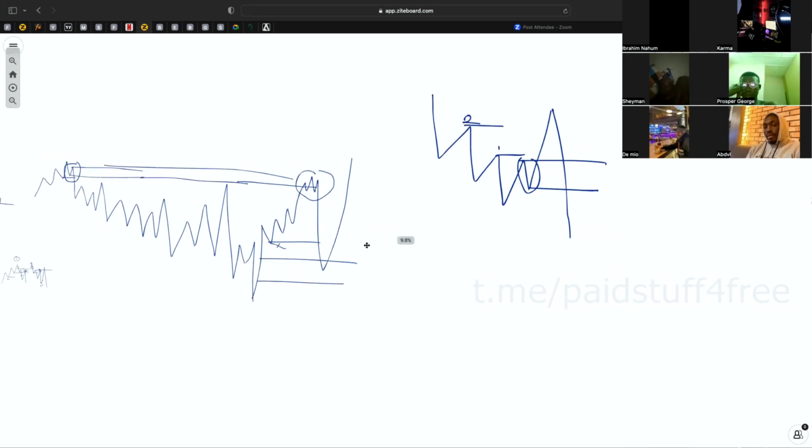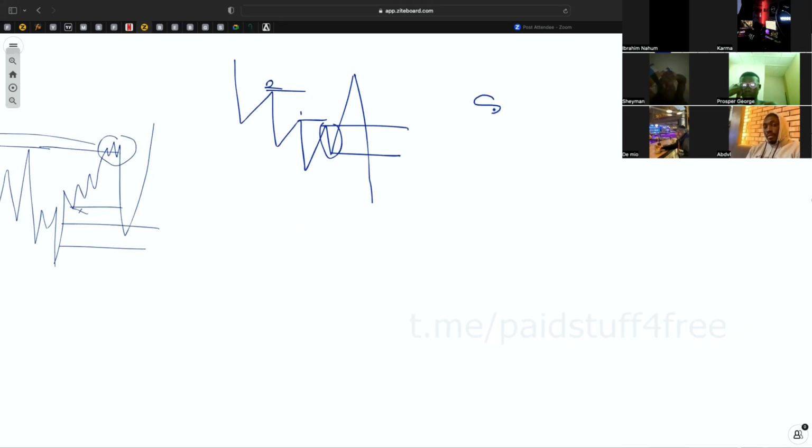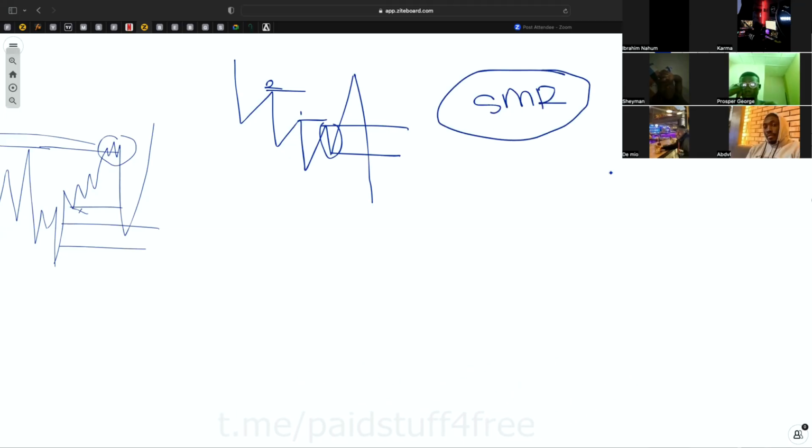So that is where there's something I call smart money reversal. Smart money reversal is a form of an external liquidity grab that breaks structure, or is a form of what? A drop, base, and a rally. Smart money reversal is a drop, base, and a rally inside a rally-base-rally. Now, don't get it twisted.